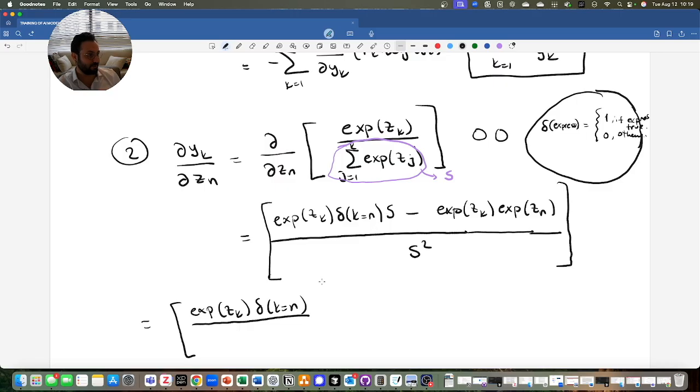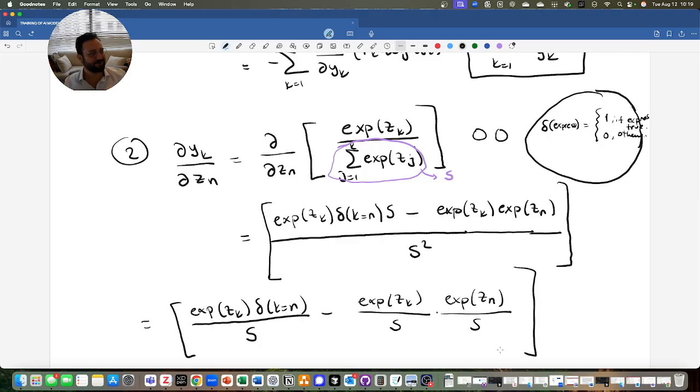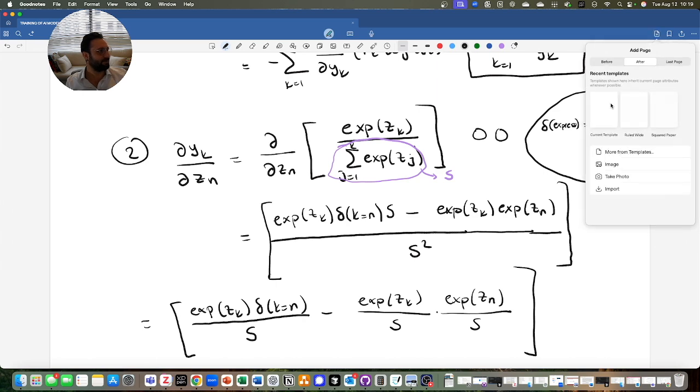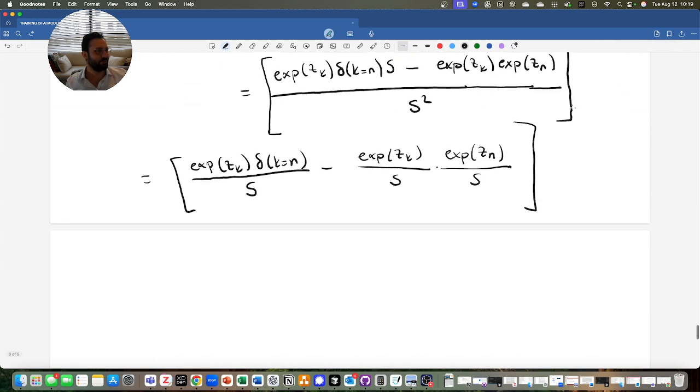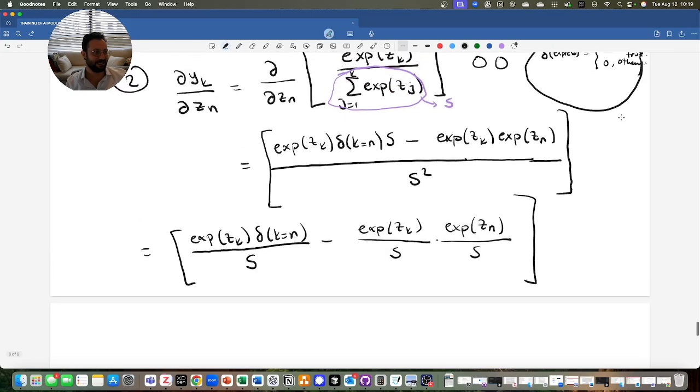Divided by s over s squared, so that I have this s minus exponential zk divided by s times exponential zn divided by s. So I hope so far you are able to see the harmony of what's going on, and we will move on to this in a second.